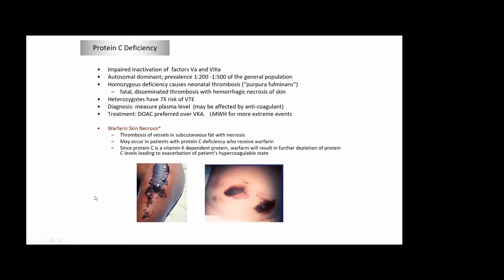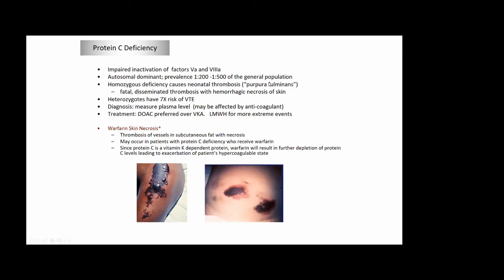The way warfarin works is to lower factor 2 and factor 10, which are also vitamin K dependent and which have longer half-lives and which have been demonstrated to be the mechanisms by which people on warfarin are protected against thromboembolism.